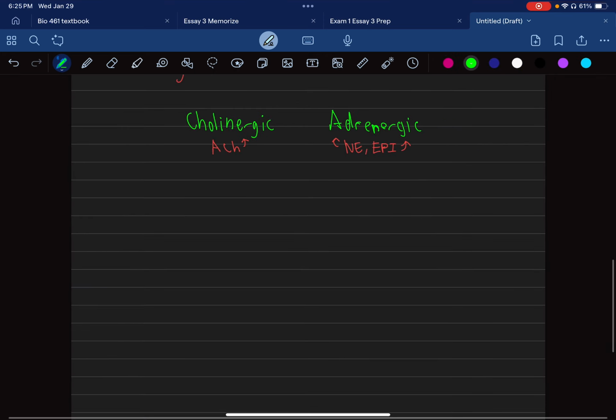If we continue this here, there's a couple more divisions. Cholinergic is going to be divided into nicotinic and muscarinic.